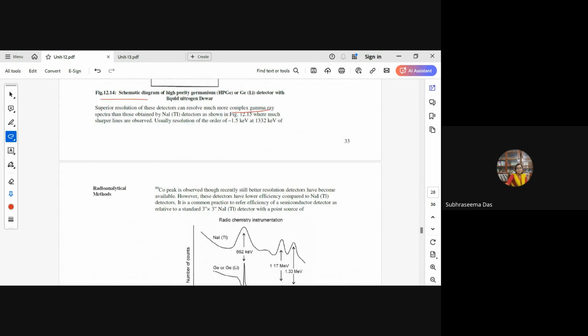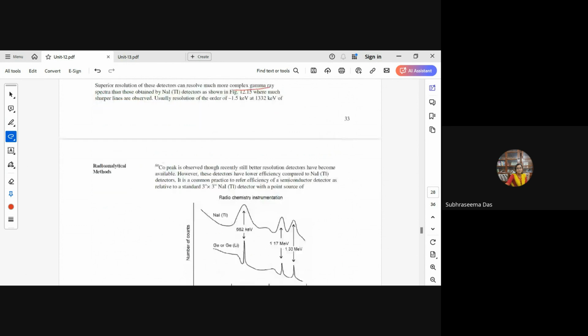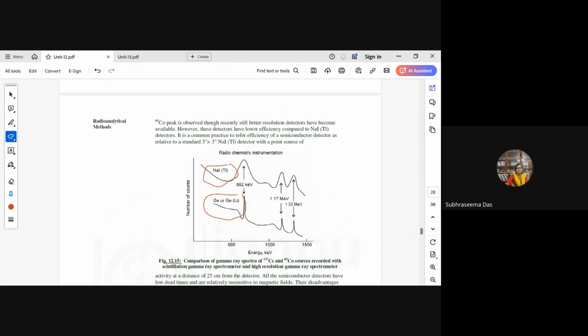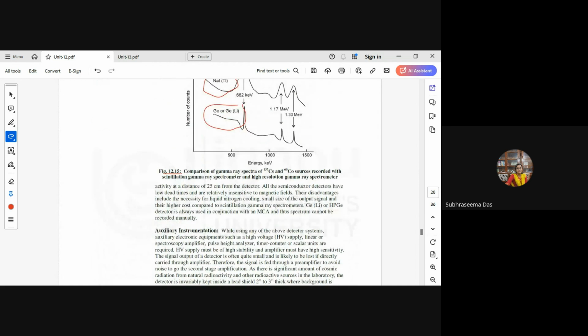It shows a comparison of scintillation gamma ray spectrometers, where sharp peaks are obtained for the Ge-Li detectors, whereas for sodium iodide thallium detectors, they show broad peaks. Thus we can say Ge-Li detectors can be particularly useful for the analysis of gamma rays.